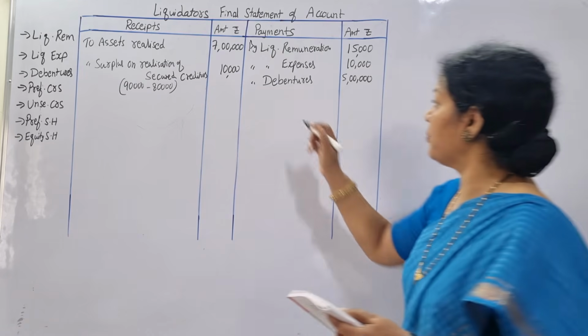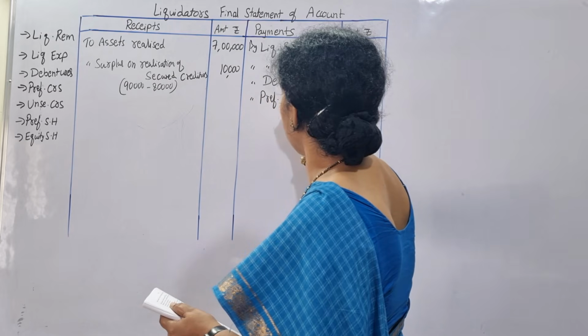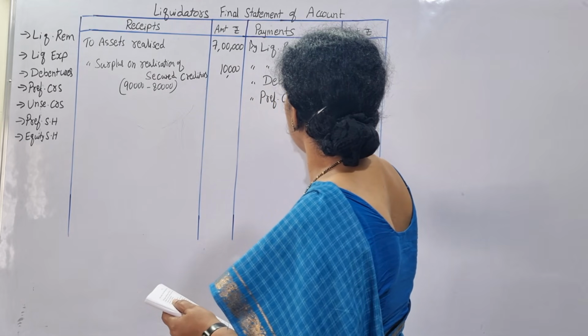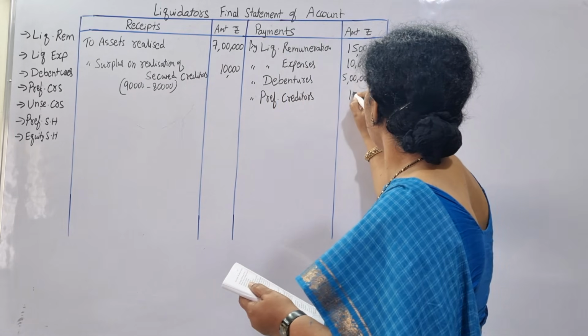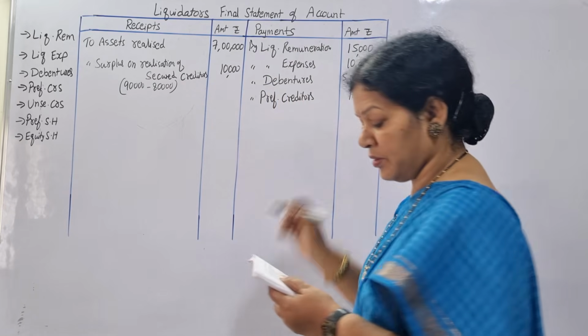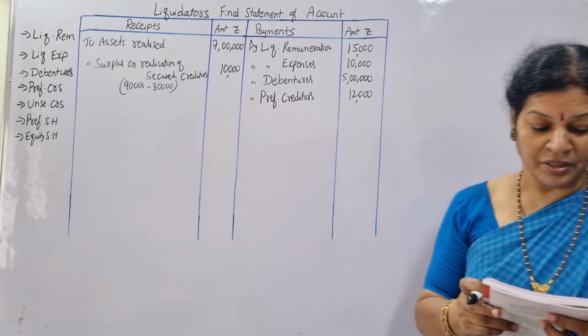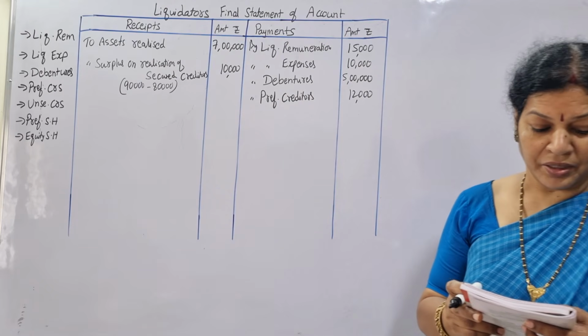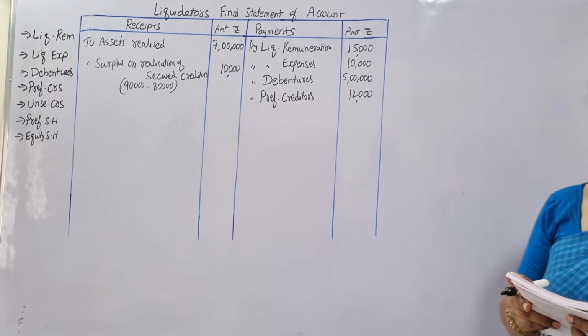It is 12,000. By preferential creditors, 12,000. Preferential creditors are over. Next, unsecured creditors. Unsecured creditors are 3 lakh.